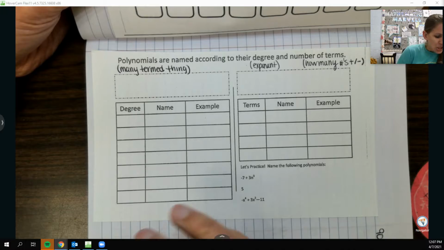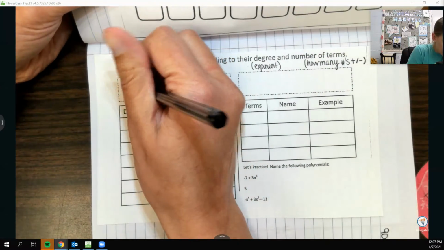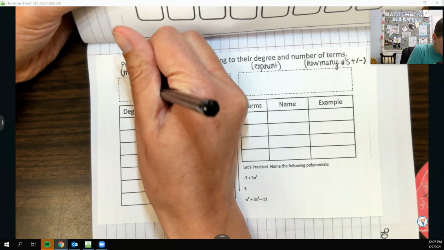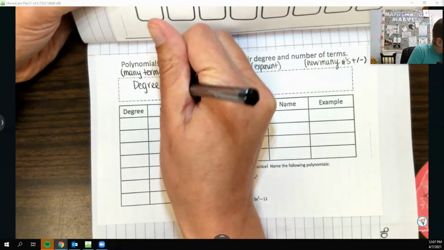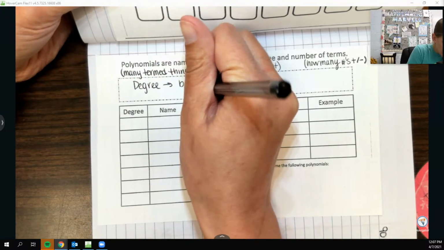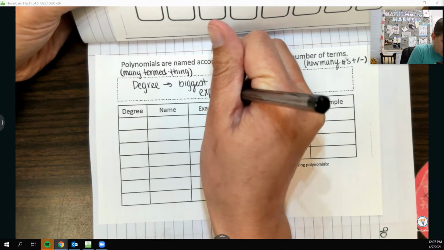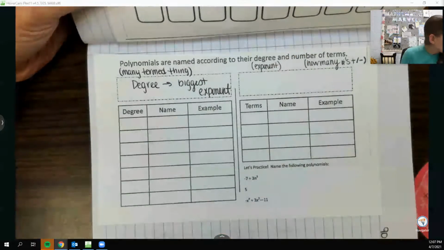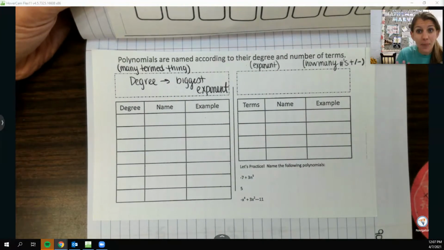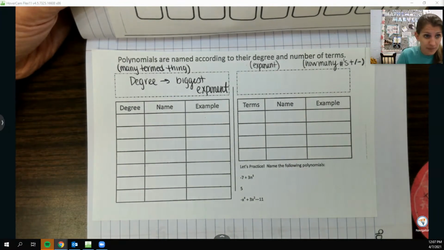Okay, so starting over here, we're going to talk about the degree. So by naming by degree, we are talking about the biggest exponent or the highest power of the entire polynomial. So I have to look all the way through it.